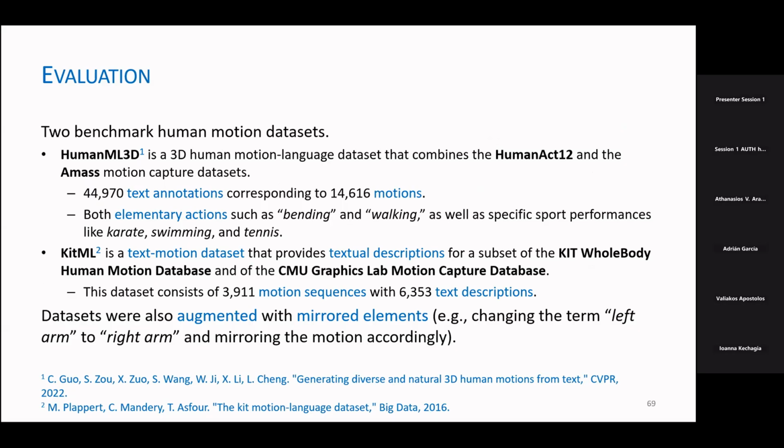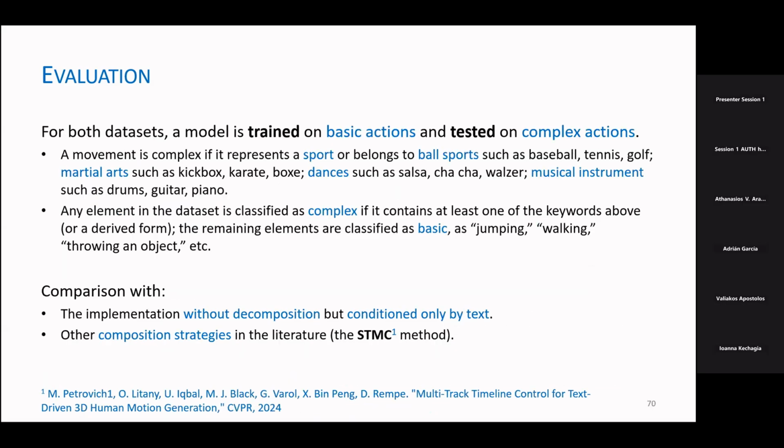Here I can show you some quantitative results that have been obtained on these two data sets that again are common benchmarks that have been used in this area. These two data sets include both text annotation and motions. And so we have also elementary actions and complex actions.